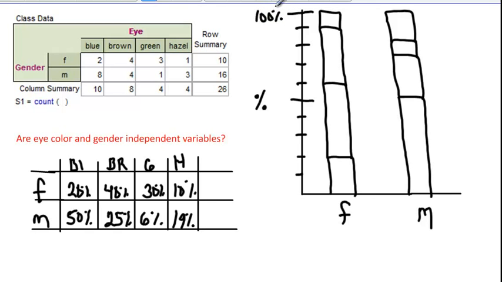I should now provide a key, so perhaps I'll color code. I start off with blue-eyed students. And then I have brown-eyed students. Brown, I'm just going to continue to be a color of black. Green.